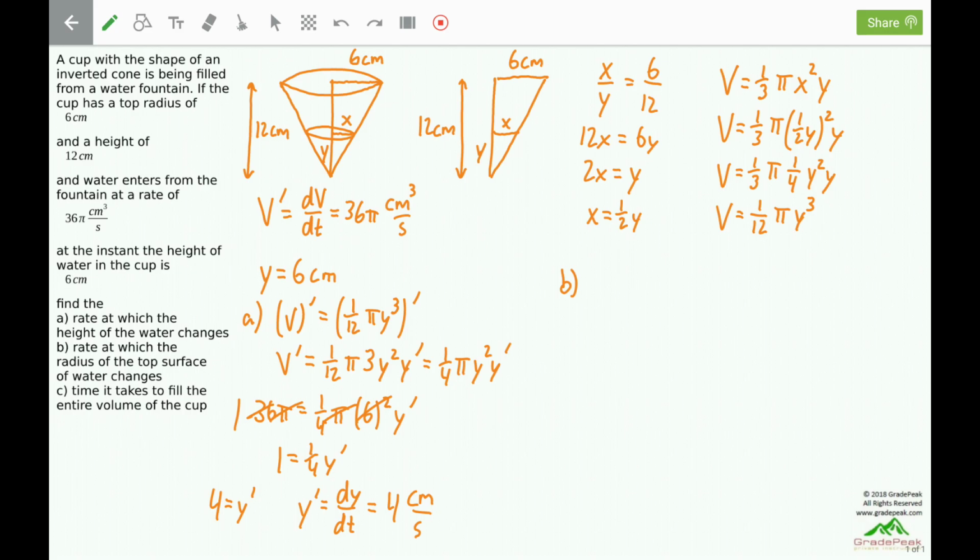For part B, we want to find the rate at which the radius of the top surface of water changes. That's x. Now we have x and y related to each other right here. So using that related variables equation, since we now have the rate of y, we can take the time derivative of both sides of this, and that will give us that 1x prime equals 1/2 y prime.